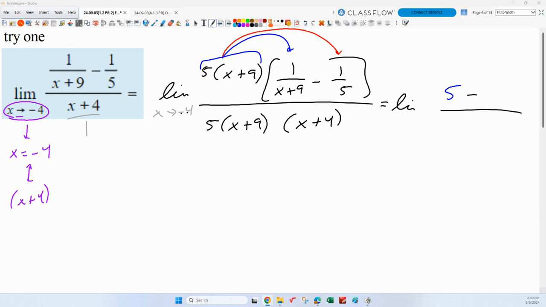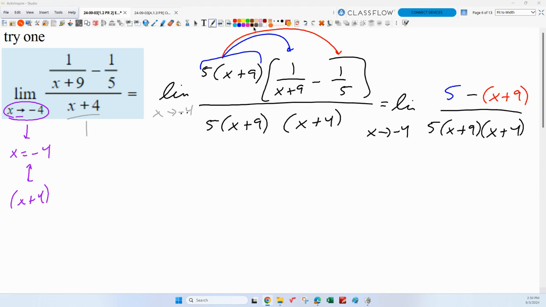The quantity x plus 9. Good, I need it in parentheses, don't I? Okay, on the bottom, I just get all that stuff. Okay, what do I need to cancel here?